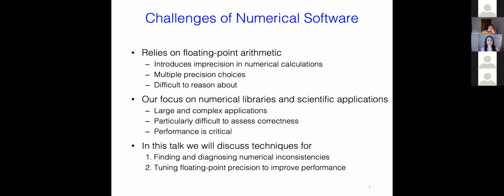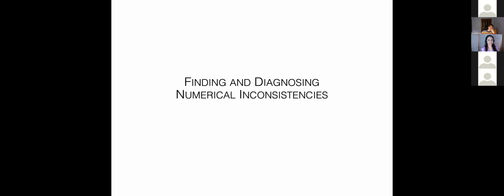So today, I will first talk about our recent work on developing techniques for finding numerical bugs and diagnosing numerical inconsistencies. And in the second part of the talk, I will present some of our work on floating point precision tuning with the goal of improving program performance. So let's get started.